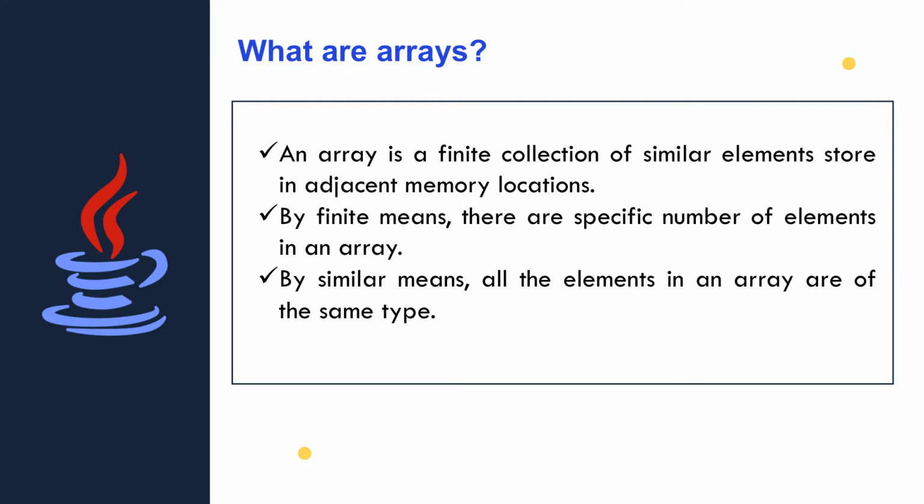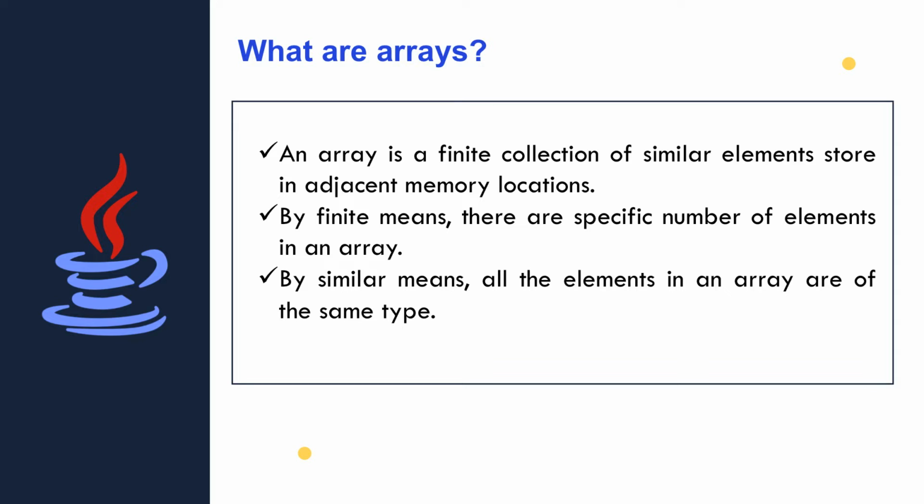For example, an array may contain all integers or characters, but not both. However, there can be an array of structures where each structure may contain an integer and a character.